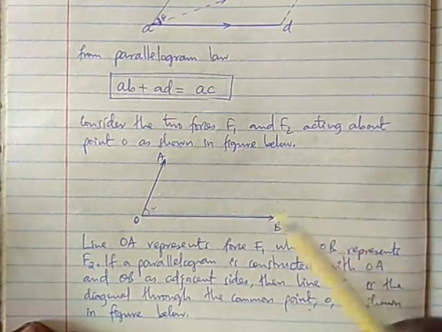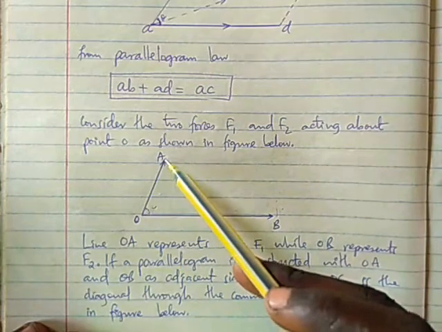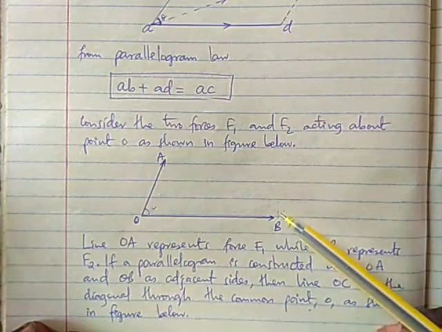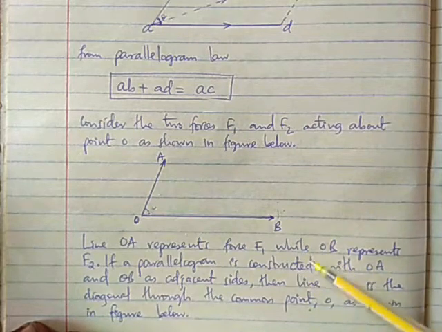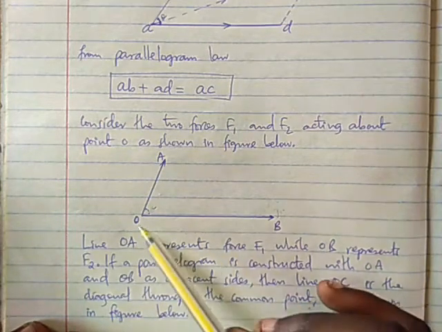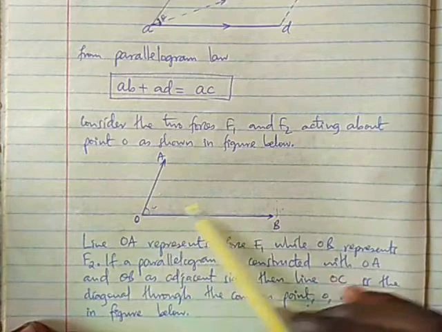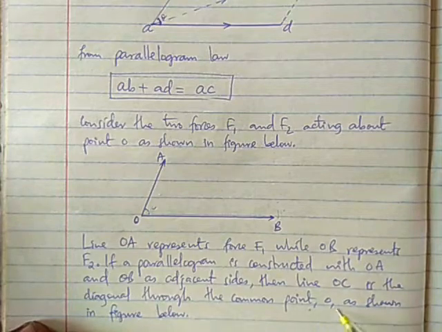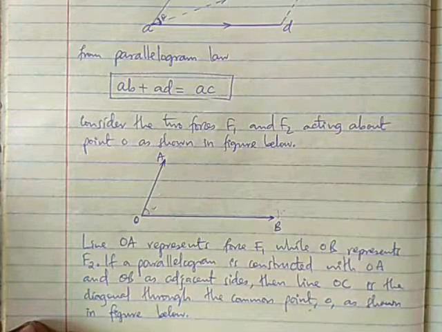So it is better kama hapo utumie protractor ukapima hii vector, ukifika na huku utumie tena protractor upime tena angle yako. So then line OC, yaani line itakayo connect toka hapa hadi a certain point C huku mwishoni, is the diagonal through the common point O as shown in the figure below.